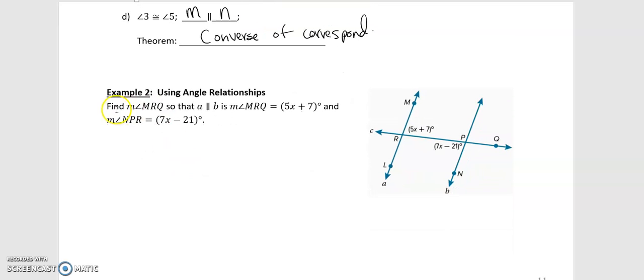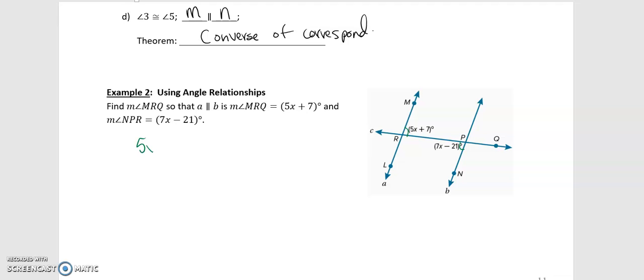Down here it says, find the measure of angle MRQ, and that's this one right here that says 5x plus 7, so that the lines are parallel. That would mean that we would need alternate interior angles to be congruent. So these would need to be congruent in order for those lines to be parallel.